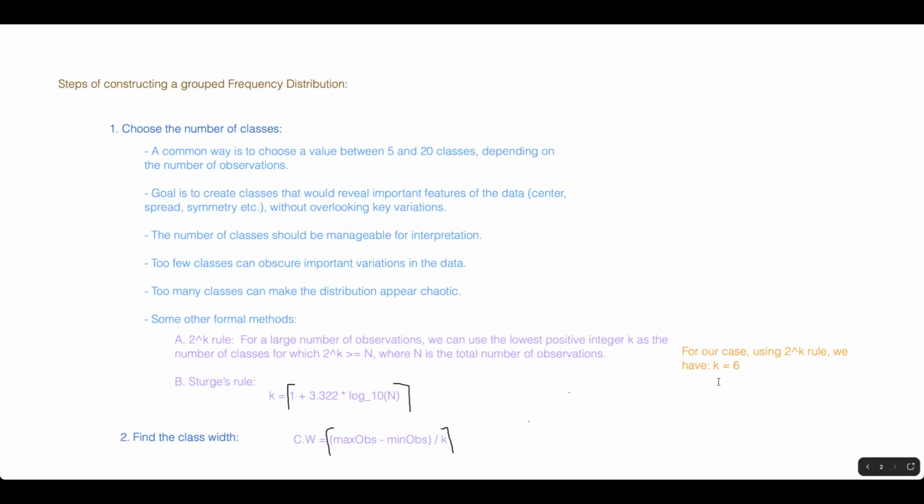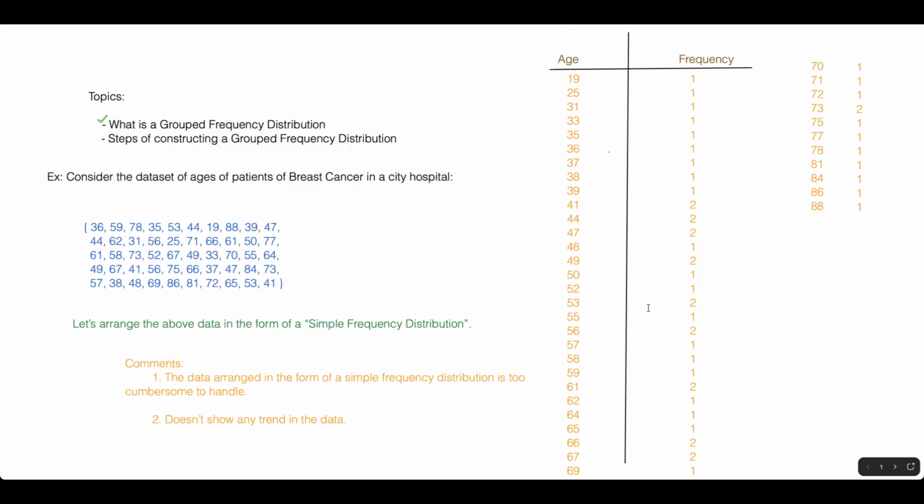And once we have that number k, now we can find the class width. CW for our case would be, if we come back to that table, the maximum observation is 88 and the minimum observation is 19.